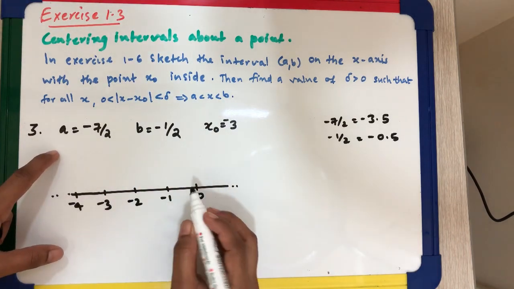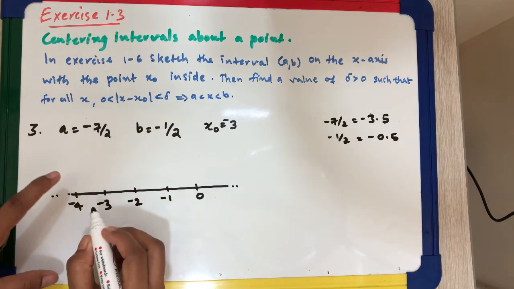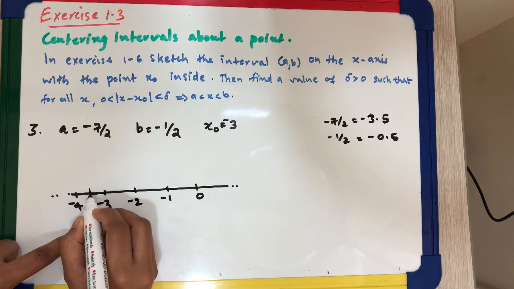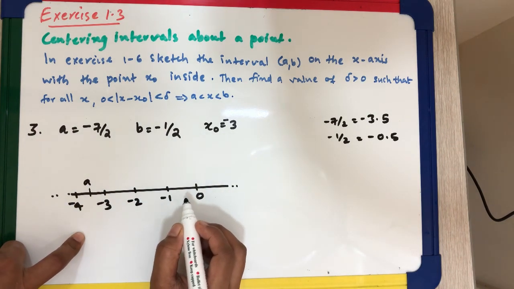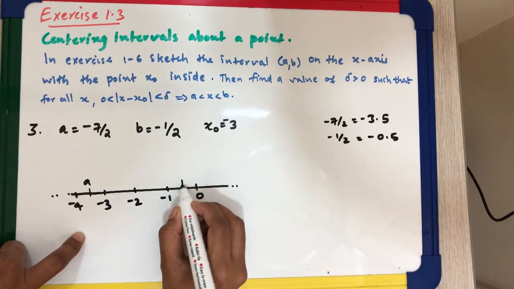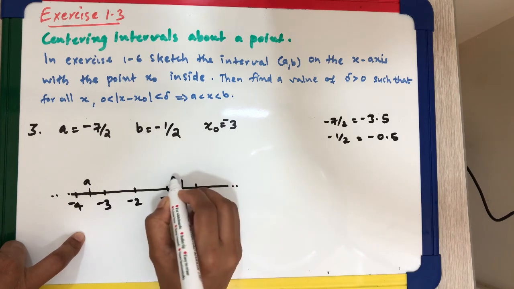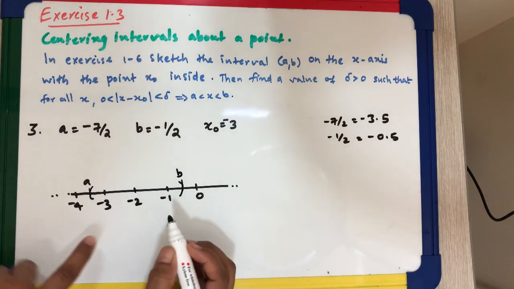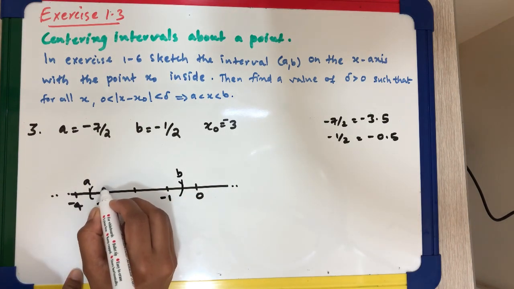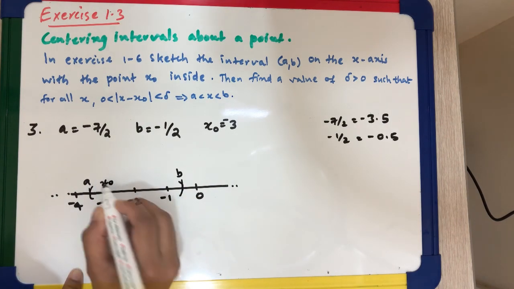Mark the interval AB: a equal to minus 3.5 and b equal to minus 1 by 2. This is AB with x0 equal to minus 3 here.